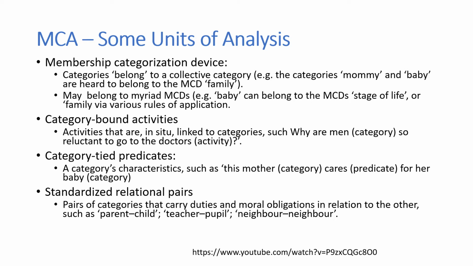Now, the categories might belong to more than one type of MCD depending on how it's used in context. For example, if talking about baby, young person, middle-aged, and older adult, we might be deploying the MCD of stage of life rather than family. And this would, of course, depend on the use in context and various rules of application.